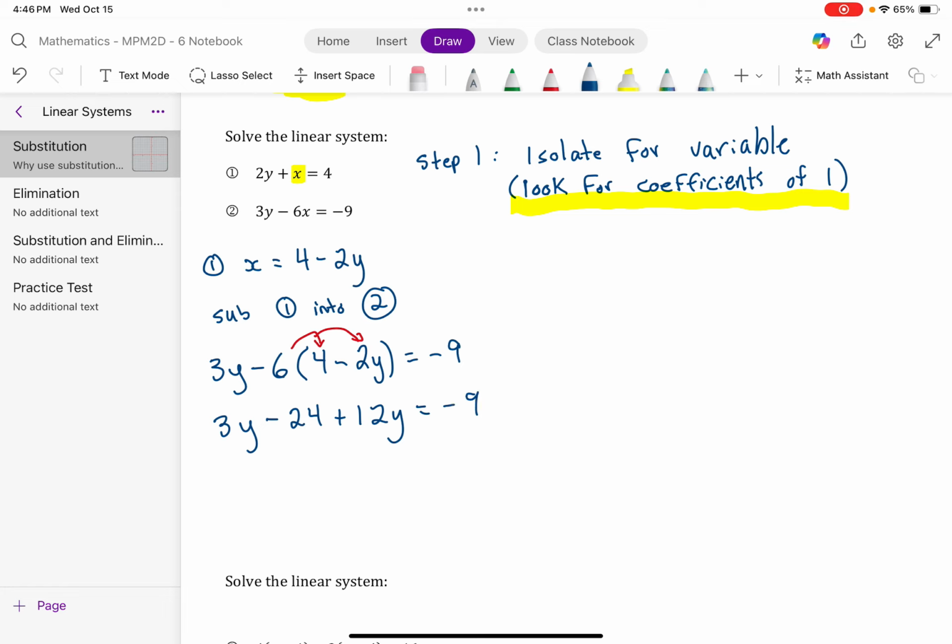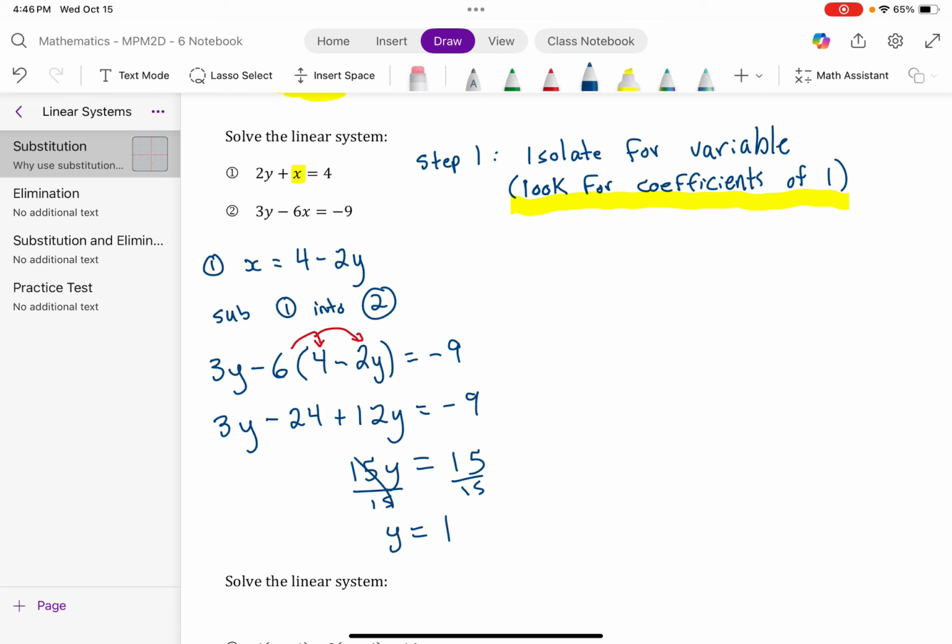And now start to collect like terms. 3y plus the 12y will give me 15y. And then if I move the 24 over onto the right-hand side of the equation, it will be -9 plus 24, which is going to leave me with 15. And then if I divide by 15 on either side to get y by itself, y is going to be equal to 1.